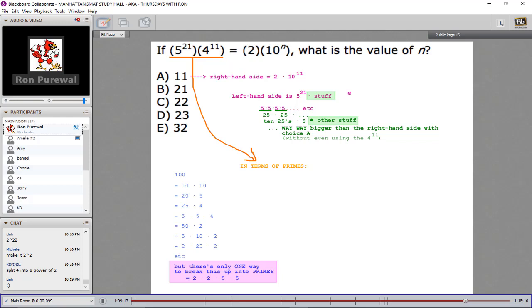So 4 is 2 times 2. So 5 to the 21 times that, to the 11th. How many 2's is that? Yeah, although, you know what? This is 22 2's.